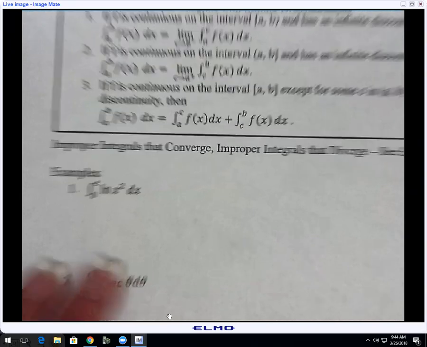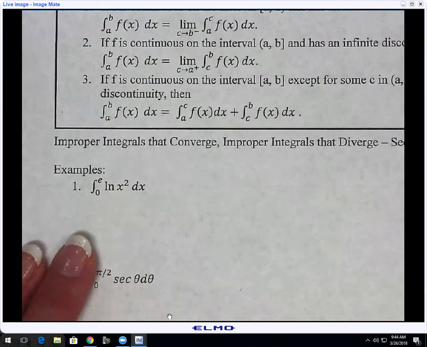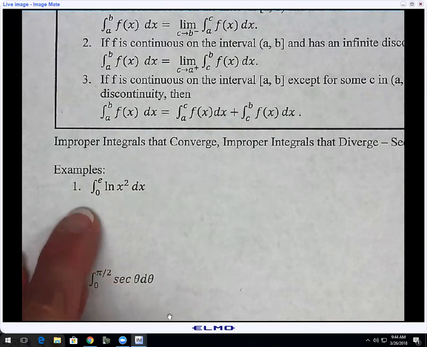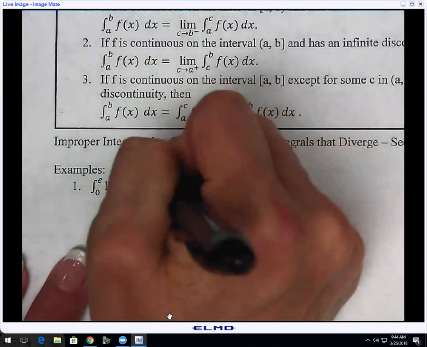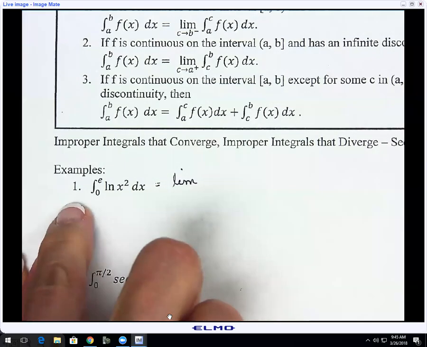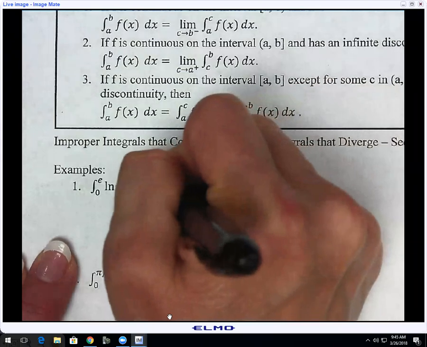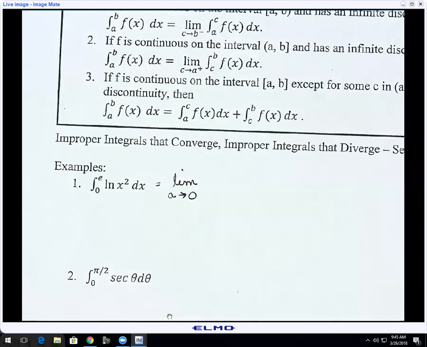So what about this one? Where does that have a vertical asymptote? At 0, which is the left endpoint. That means we can't leave 0 as our lower limit of integration. We're going to have to say the limit as that lower limit approaches 0. We'll call that lower limit A. A approaches 0 from which side?